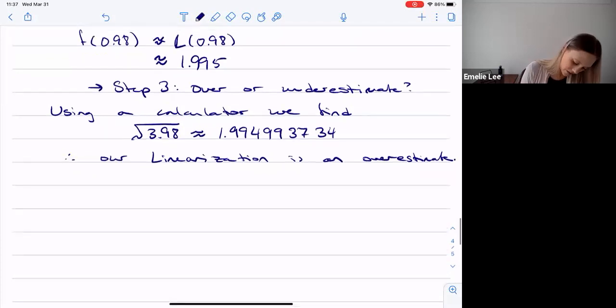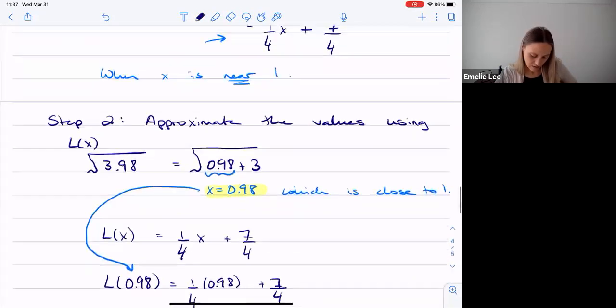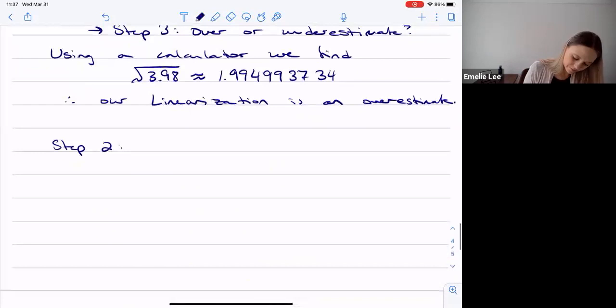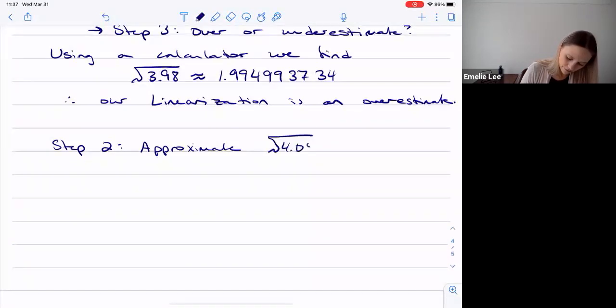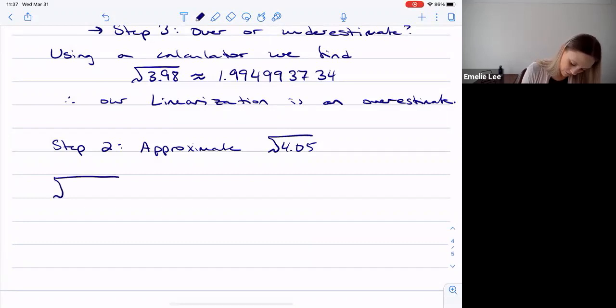Back to step 2 for the other approximation. Now I'm going to approximate the root of 4.05. So again, I need to break this thing up, right? The root of 4.05 is the same as the root of 1.05 plus 3.